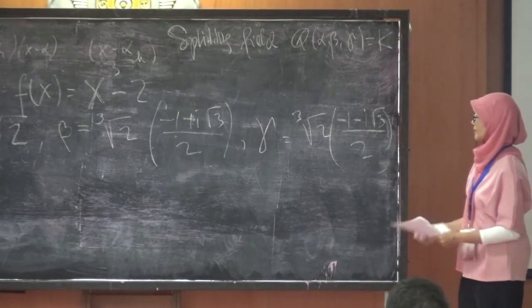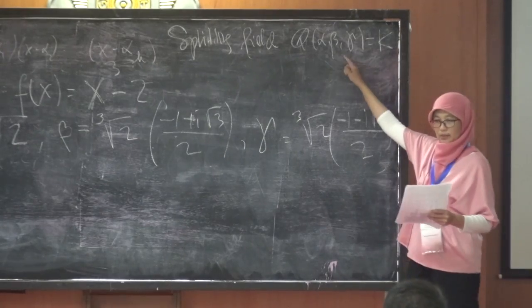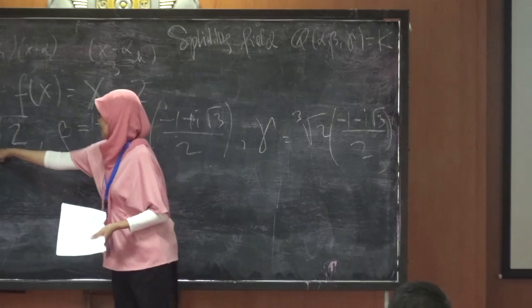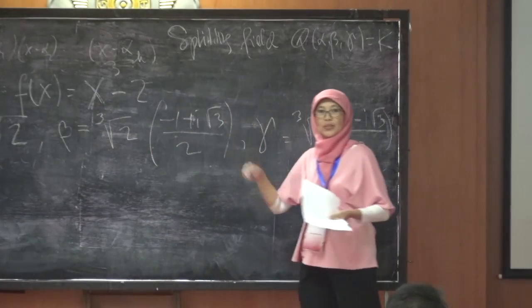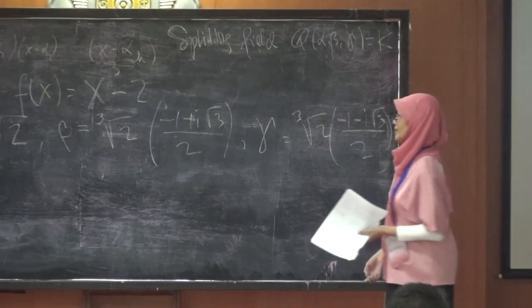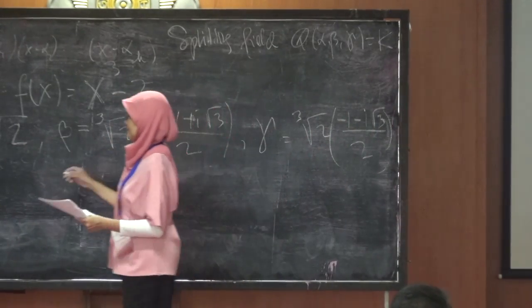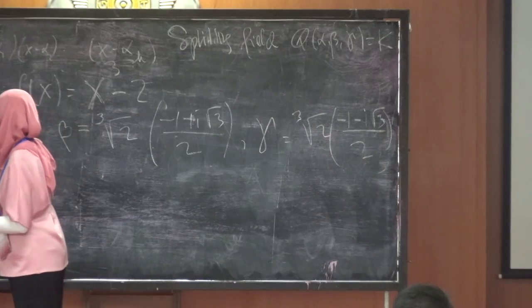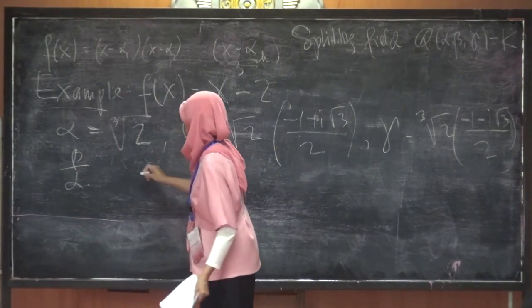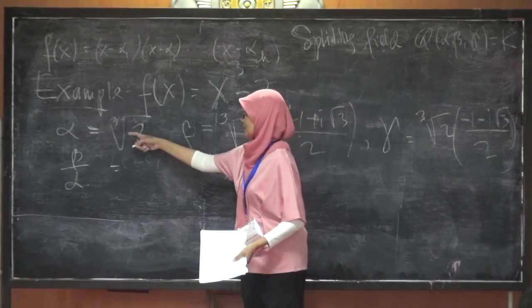But what happened here? Since K is a field, it contains alpha, beta, and gamma, and also the operations between them. This is non-zero, so this is also non-zero. We can make beta divided by alpha, which means this one divided by this one.